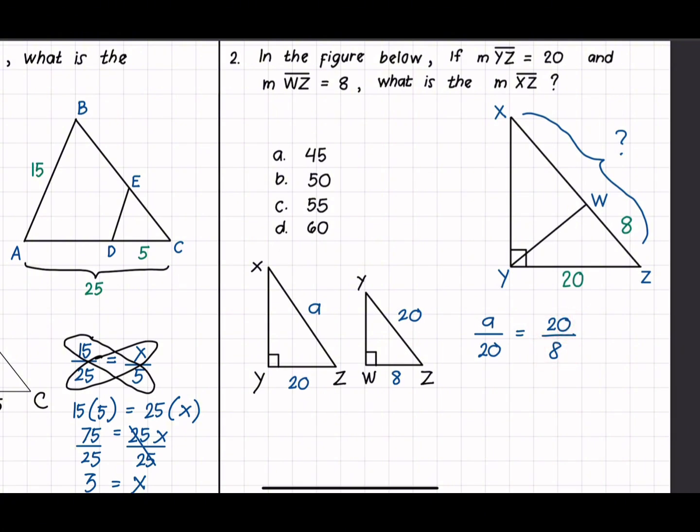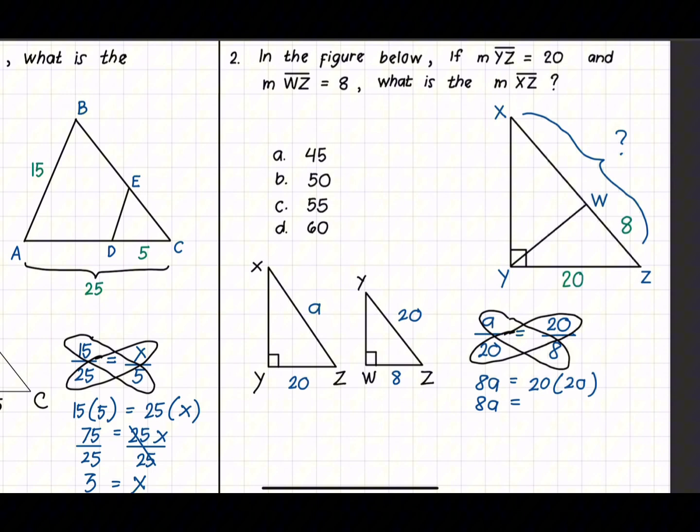Again, we have to cross multiply 8 times a and 20 times 20. 8 times a is 8a, is equal to 20 times 20. So we have 8a, and 20 times 20 is 400. In order to solve for a, we can divide both sides by 8.